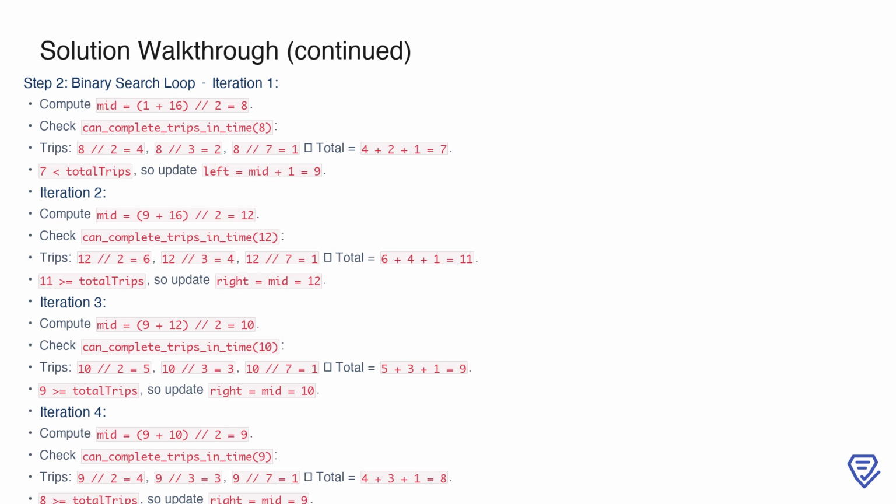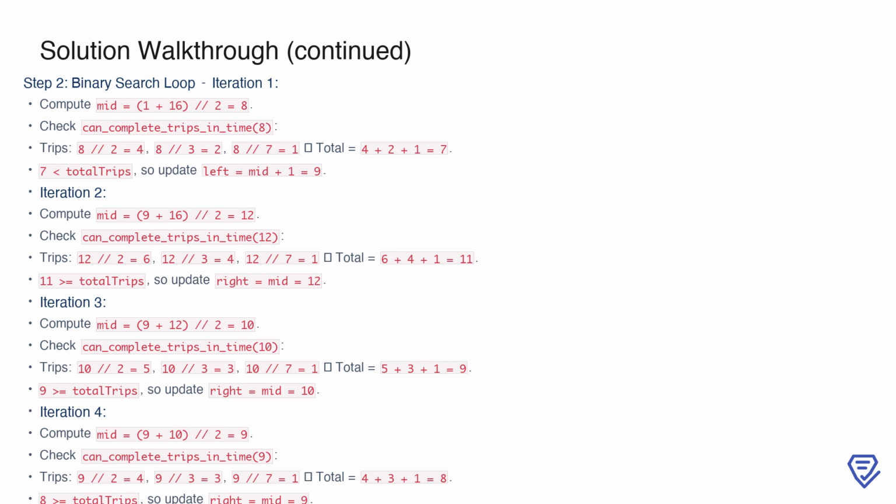Since this is less than the required 8 trips, we adjust the left boundary to mid + 1 equals 9. In the second iteration, the new midpoint is mid equals (9 + 16) / 2 equals 12. This time, we find 12 / 2 equals 6, 12 / 3 equals 4, and 12 / 7 equals 1, adding up to 11 trips. Since this meets the requirement, we update right to mid equals 12.